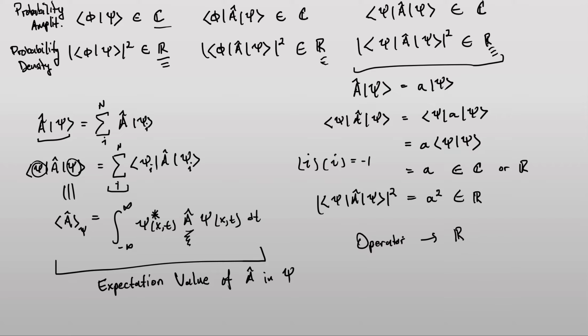Well, let's think about this really quick. What is one type of scalar that we can get from an operator? One type of scalar is the eigenvalue. So there is an eigenvalue to an operator. That's this guy right here. Another type of scalar is the expectation value of the operator.